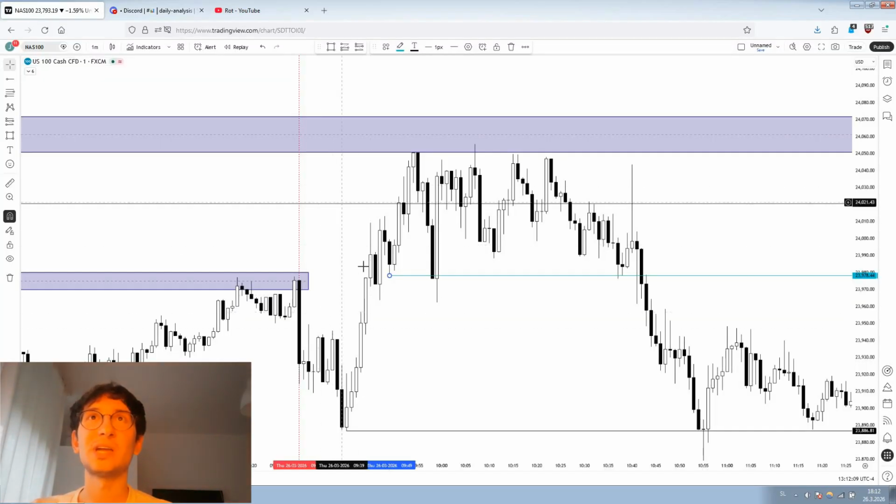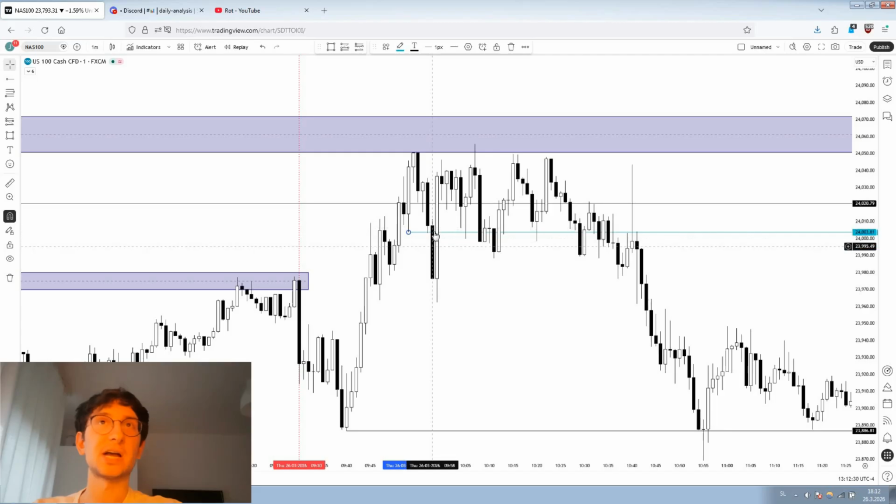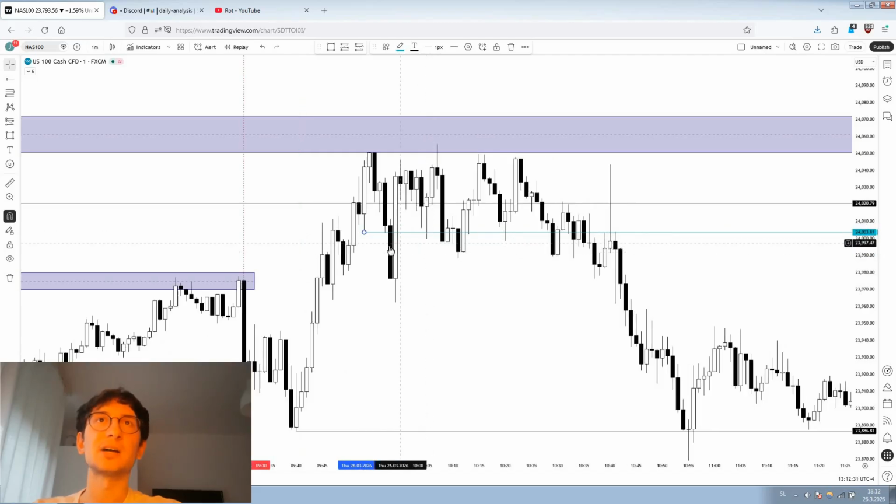Then we have here a 15-minute fair value gap that still hasn't been touched. So we can anticipate that we are going to go lower, just because of the whole bearish environment. So what do we have over here? One swing low, another swing low, which we finally break in structure over here with this black candle.